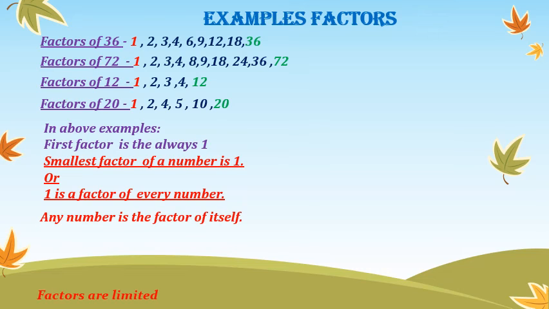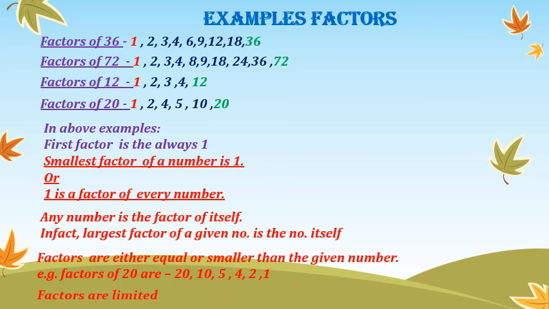And also, if you see the last factor of every number, like factors of 36, the largest factor is 36, largest factor of 72 is 72, largest factor of 12 is 12, and largest factor of 20 is 20. So we can say any number is a factor of itself. 36 will definitely be the factor of itself. 72 will definitely be the factor of 72. In fact, the largest factor of a given number is the number itself.